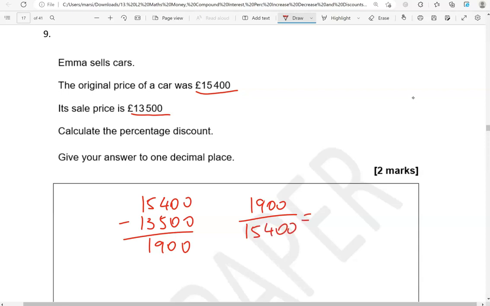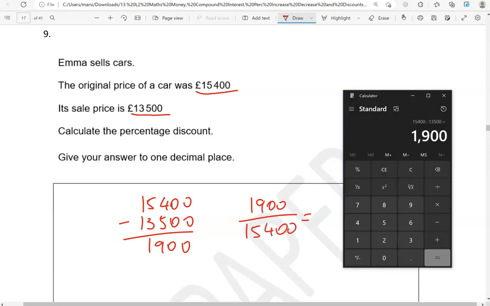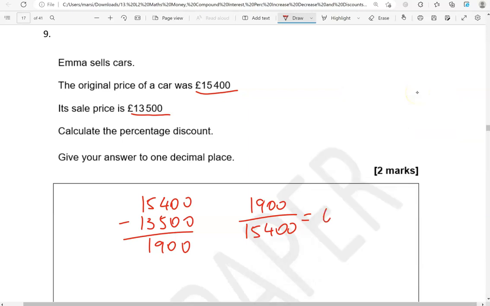1,900 out of the original price, which is 15,400. Using a calculator, we can do 1,900 divided by 15,400, which gives us 0.1234. I've just rounded it to 4 decimal places, and we've got to give the percentage.